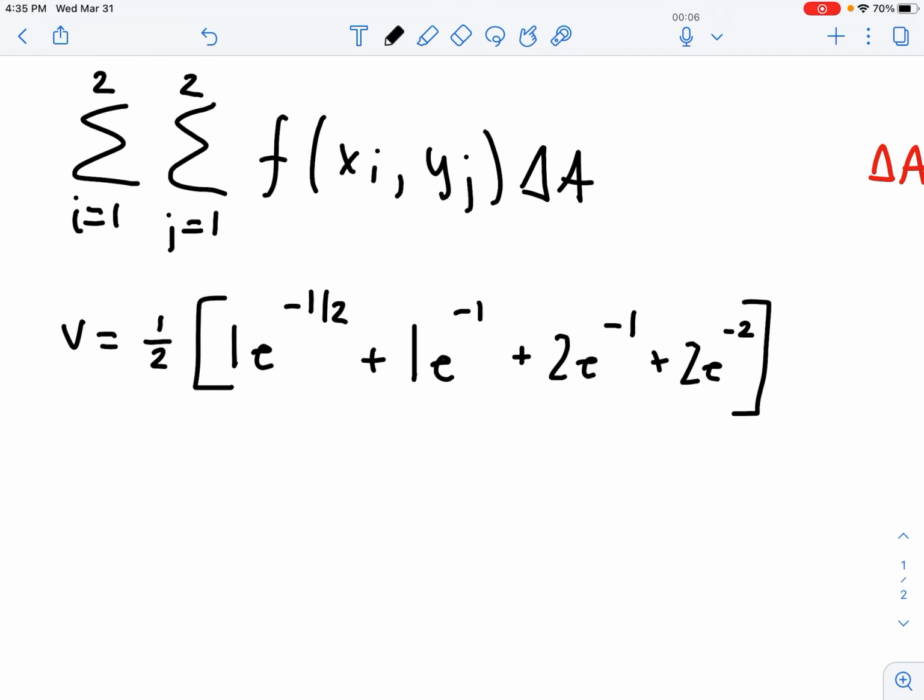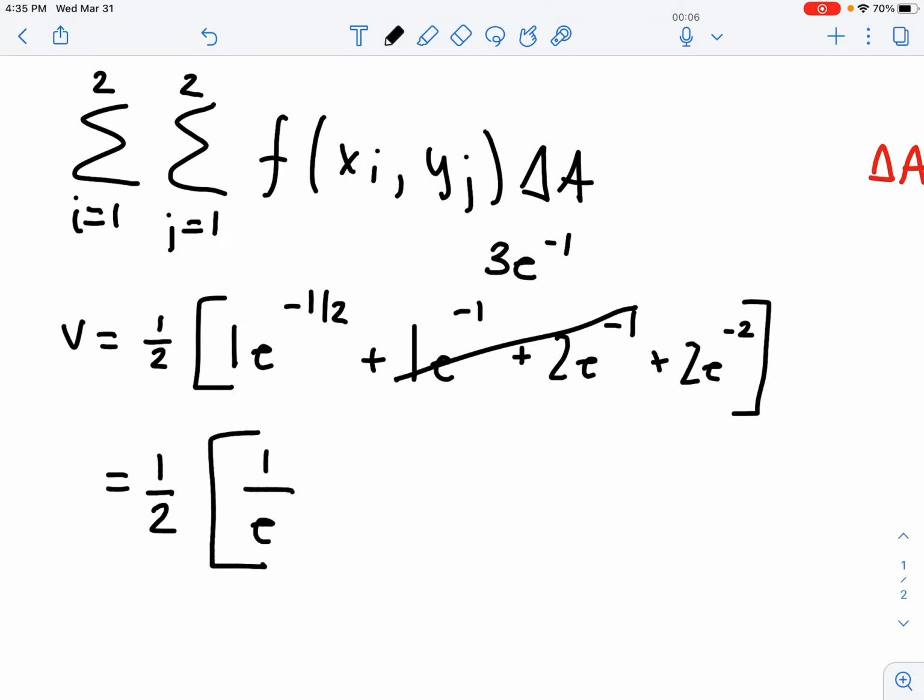Okay, and this further simplifies, so we'll make that 3e raised to the negative 1, and we'll rewrite it as 1 over e raised to the 1/2 plus 2 over e plus 2 over e squared.